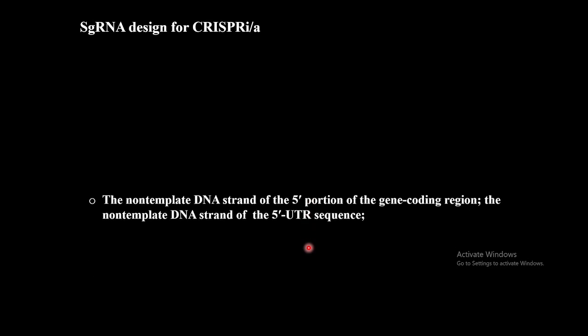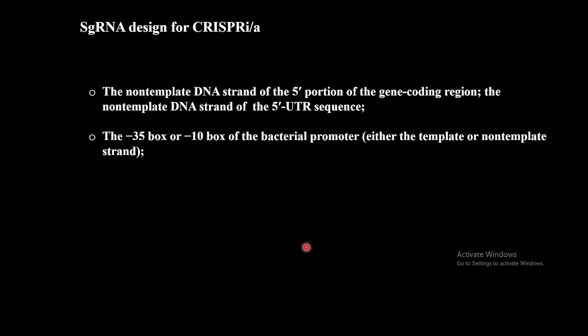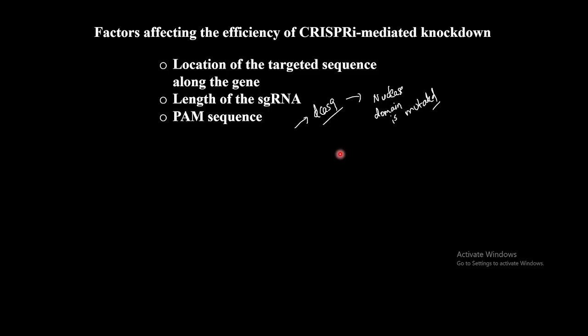So whenever you're designing the sgRNA, there are two things you need to understand. If you are designing against the coding region, the region which you should target is at the 5' portion of the gene coding region, or the 5' untranslated sequences. Similarly, the promoter sequences should be there. These are the things which you can see here.